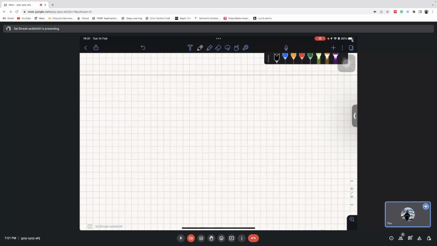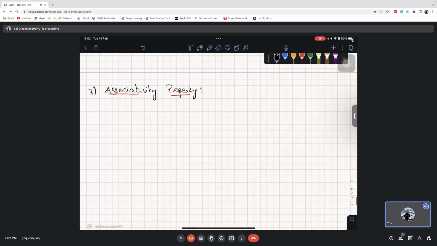Then we have the third property, known as the associativity property. This is another important and useful property for convolution.